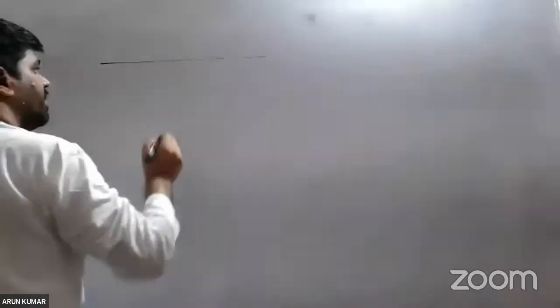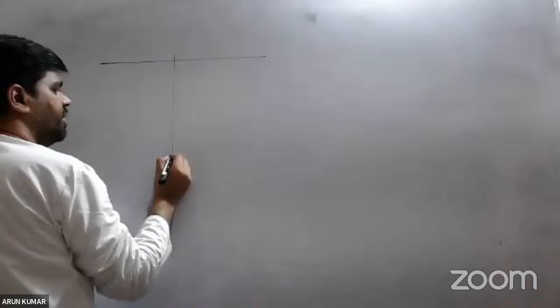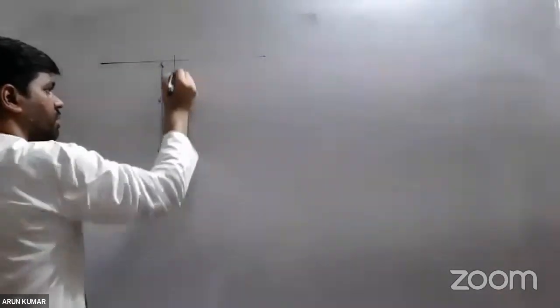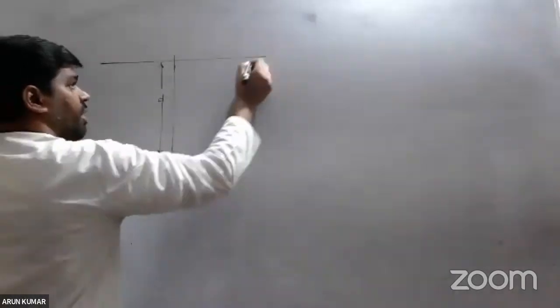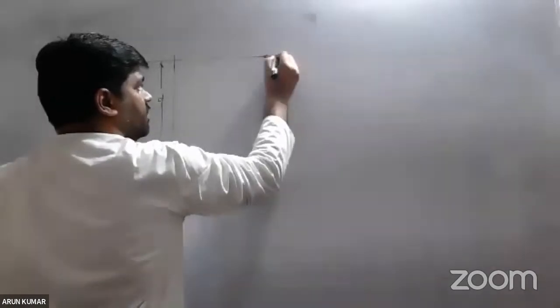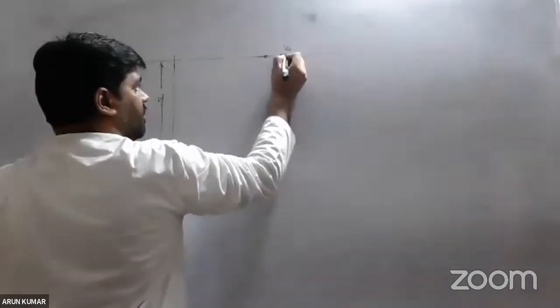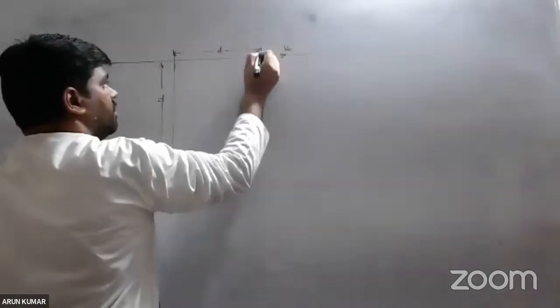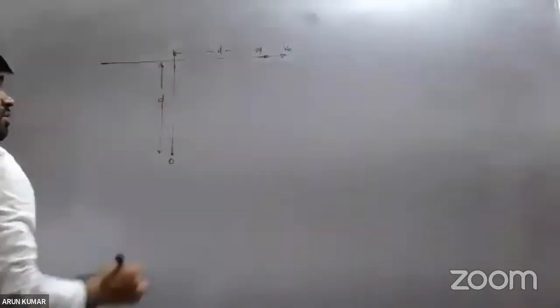Okay, now let us say I've got a point here at distance d from this point O, and a particle is going horizontally towards the right with velocity v naught at distance d from this point.